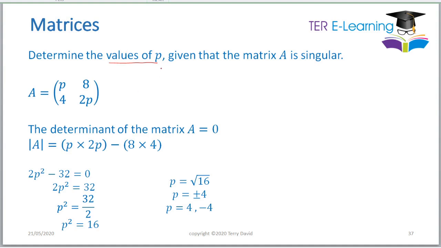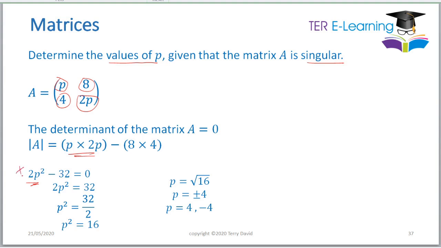So if the matrix is singular, we know that the determinant is equal to 0. So if I take P and multiply by 2P, that will give me 2P squared, because P multiplied by P gives me P squared. And then I'm going to subtract 8 multiplied by 4. 8 4s are 32.